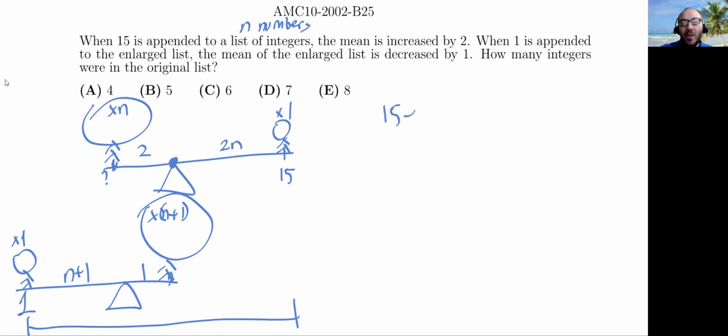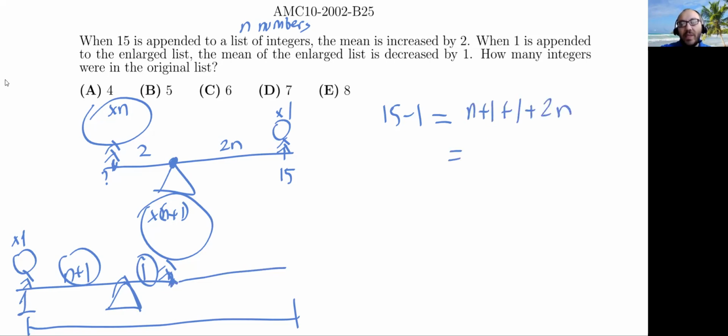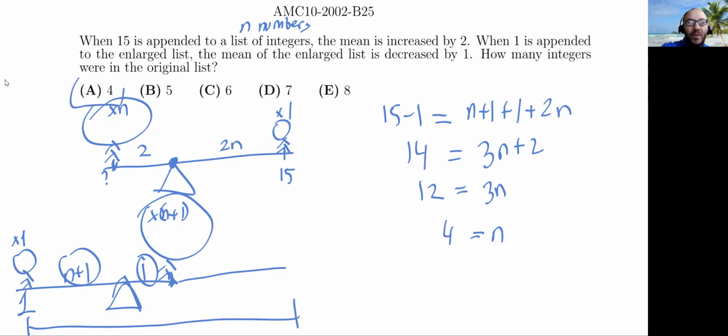So 15 minus 1 equals, how do you go from 1 to 15? First, we go from 1 to this point, and then another 1 to get to this point. And then from here to 15, we have another 2n. n plus 1 plus 1 plus 2n. That gives us 3n plus 2 equals 14, 3n equals 12, and n equals 4. So there were 4 numbers in the original list.